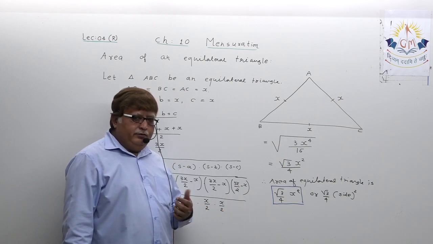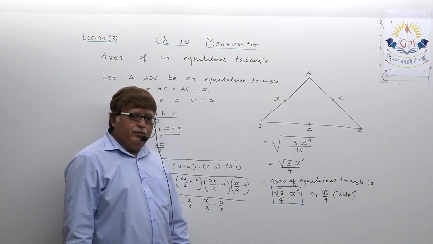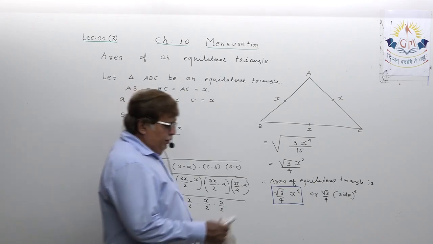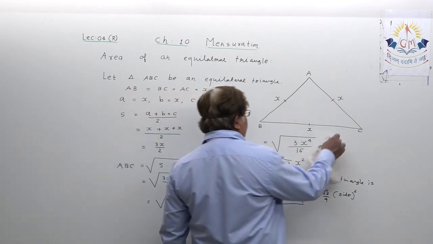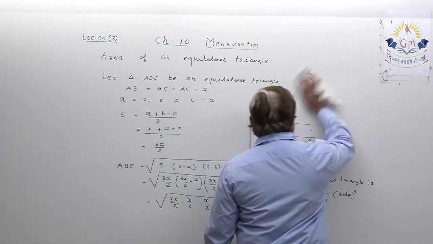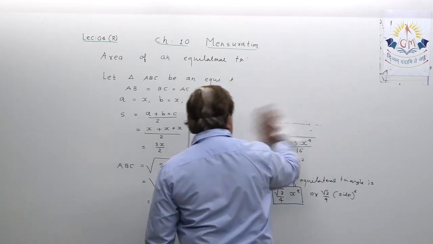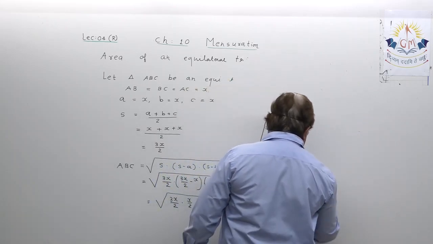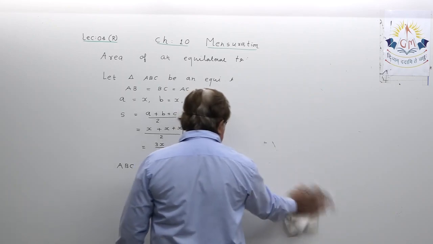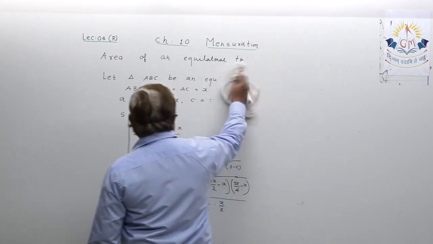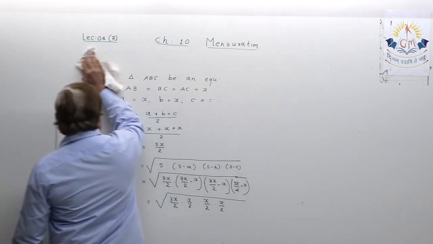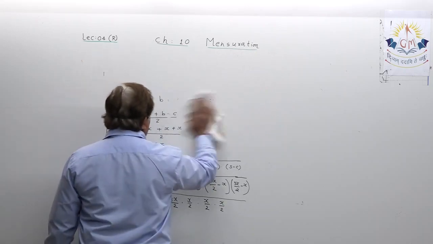And then one similar type of MCQ you can try by yourself as an SLP. So we are erasing this data and starting one of the few examples based on the formula of area of equilateral triangle.